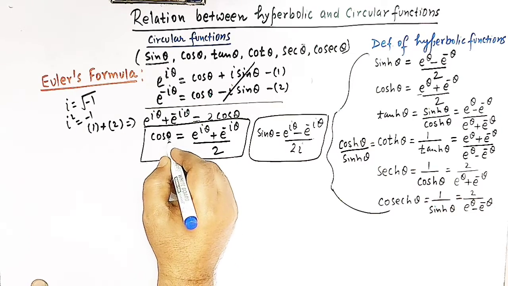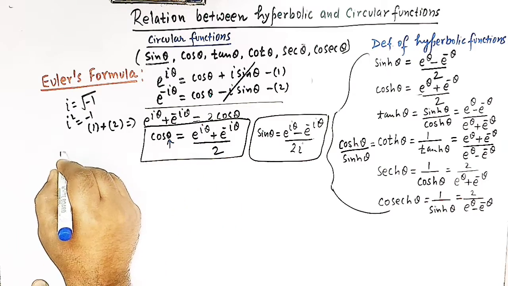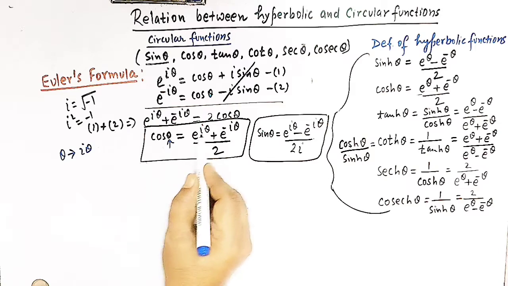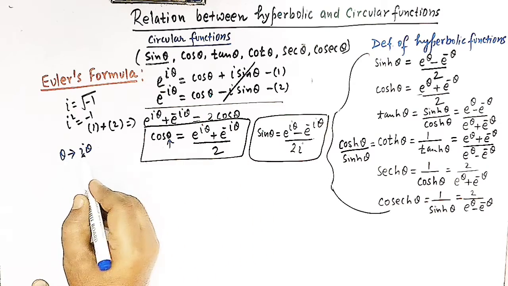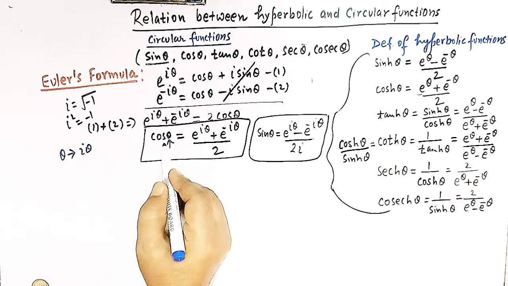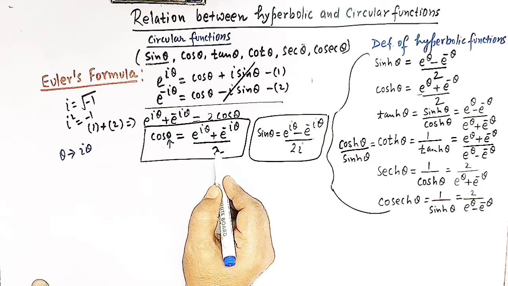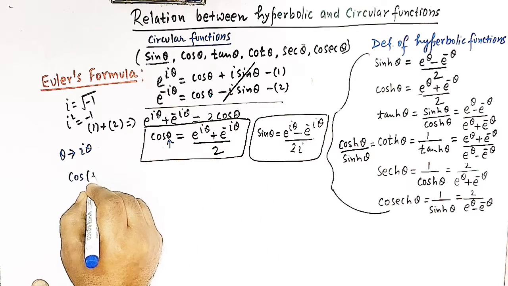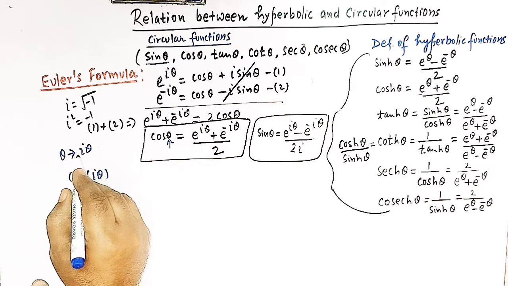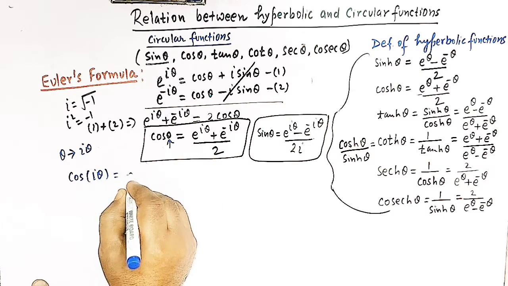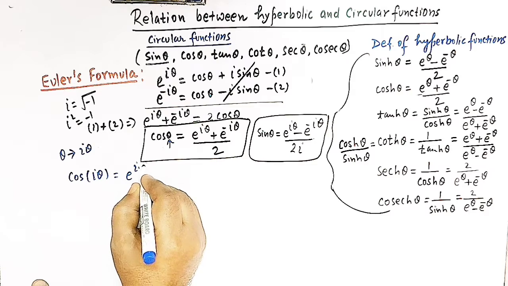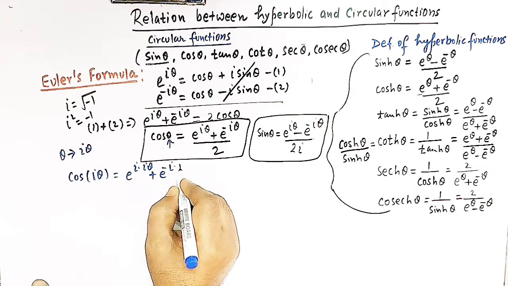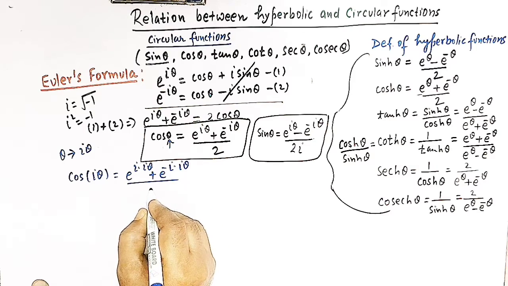So now let us replace this theta with i theta, right? So replacing this theta with the product of iota and theta, this expression can be transformed as cosine i theta, replacing theta by i theta. We have e raised to i times i theta, then e raised to minus i times i theta over 2.